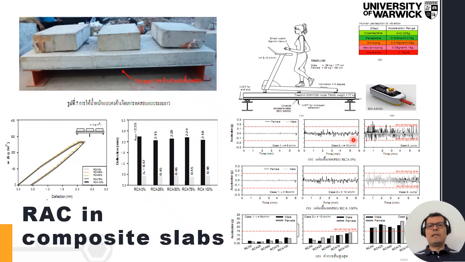And what we found is that, again, in general, yes, because RAC has a lower elastic modulus in the concrete, we observed higher vibrations, but in all the conditions we examined, the levels of vibration and acceleration actually remained within the limits that we have in the current codes. So in that sense, we were confident that we could use RAC in composite slabs as well.